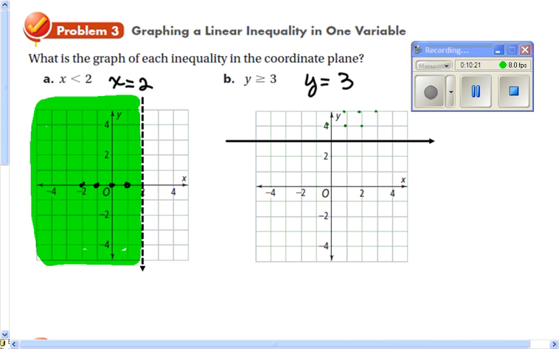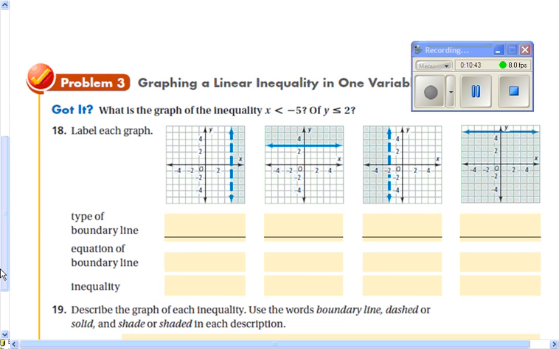So we're going to shade above the line. And that would look something like this, and up into greater numbers for y, greater than 3. All right, go ahead, you try that, and you can check back your answers.